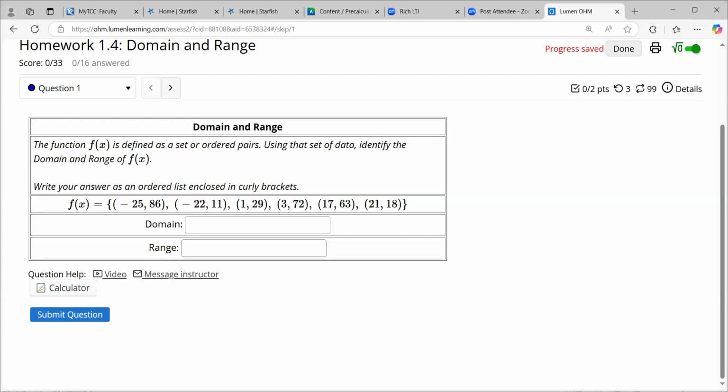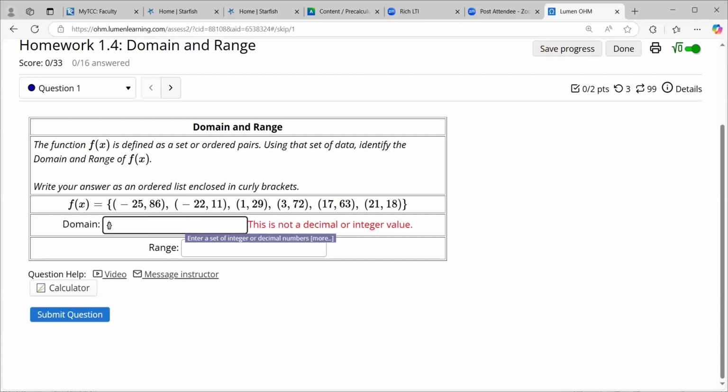a function, right? The function is given as a set of ordered number pairs. Domain would be what? Don't forget to use this pair of braces. The pair of braces is above the pair of brackets on your keyboard. And we are going to list all the first components, all the x values.